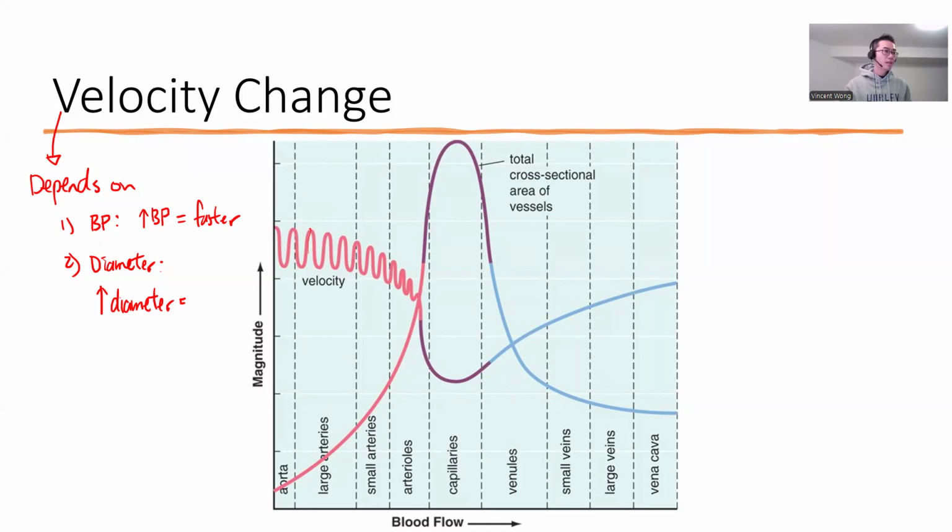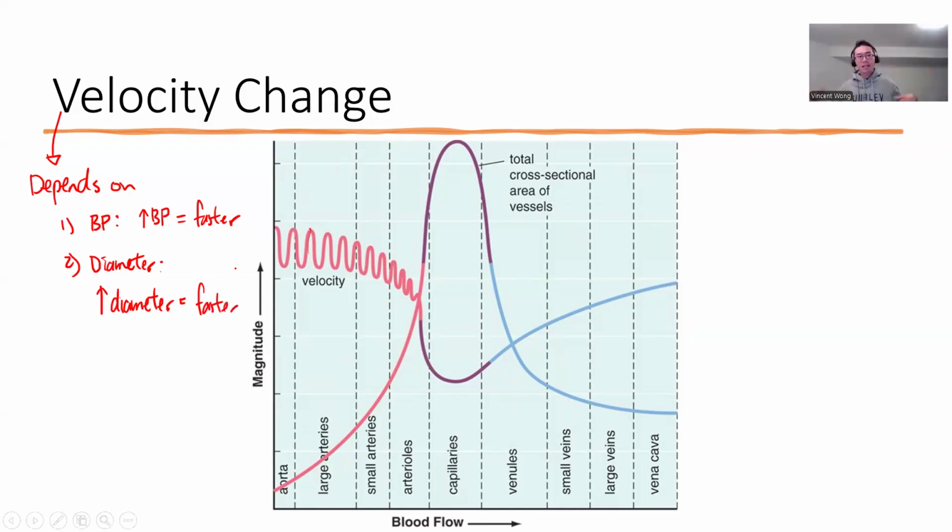A for faster, B for slower. Bigger diameter, is it A faster or B slower? If you're having trouble, think of a highway. Are traffic going to be faster with 6 lanes or 2 lanes? Yeah, it's half-half, okay. Anyway, the correct answer is faster.